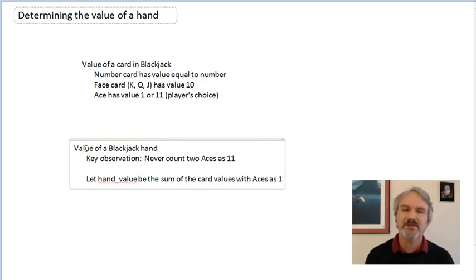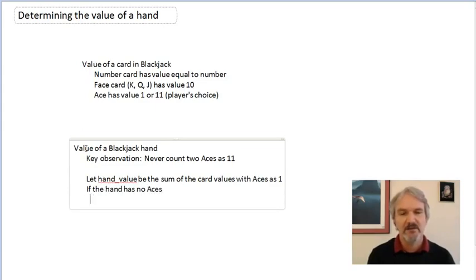So let's compute the value of the hand counting aces as 1. And now we're going to have to do a little bit of logic. If the hand has no aces, we could just return hand value. That's easy enough. Of course, the question is what happens if we have an ace?